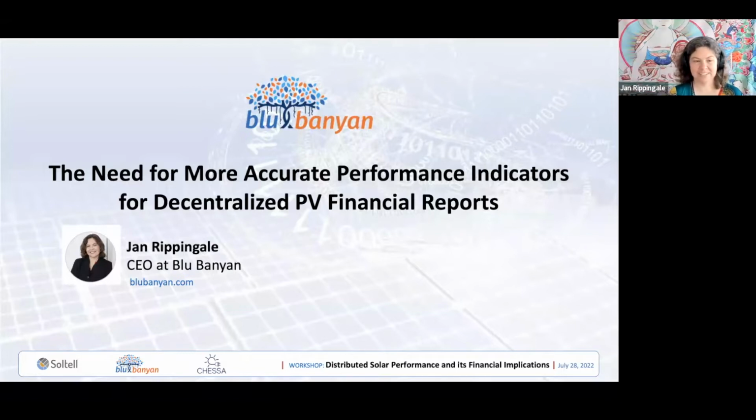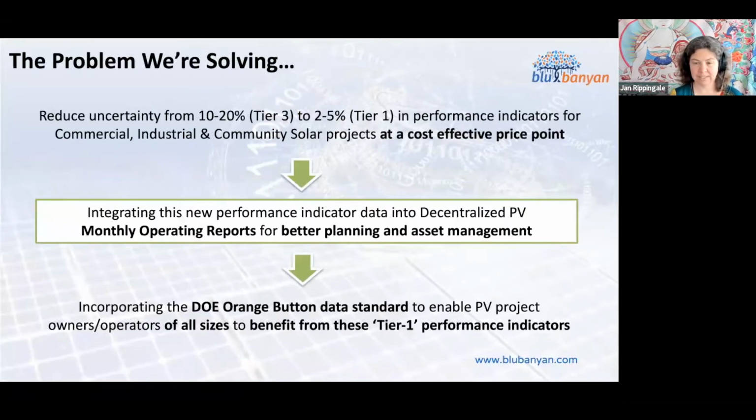Thank you so much. Today we're going to be talking about the need for more accurate performance indicators for decentralized PV financial reports. The utility scales have the top-end financial reporting, and even they have difficulty putting these together quickly, easily and reliably.